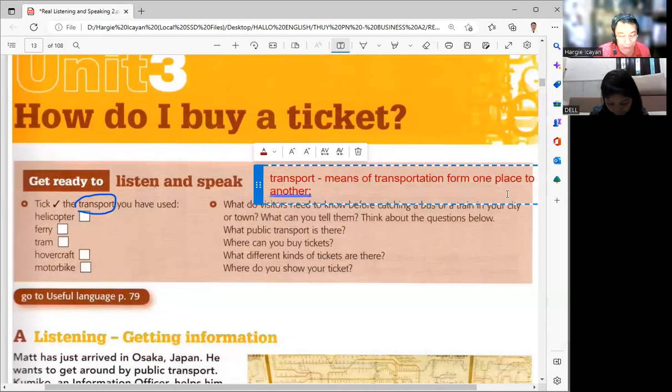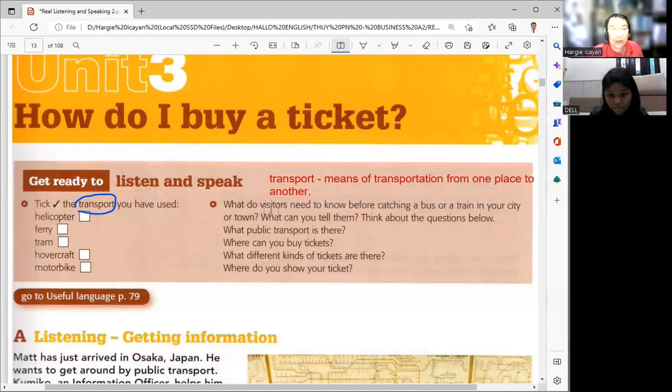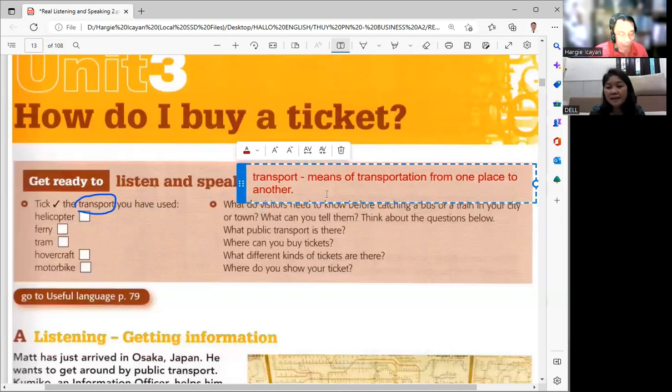A vehicle that brings you from one place to another is what we call a transport. An example of a transport would be, like, a bus, right? Like a plane, or many others, etc.